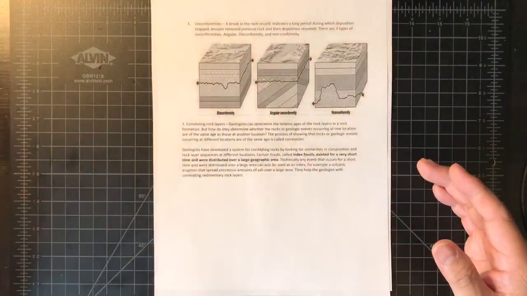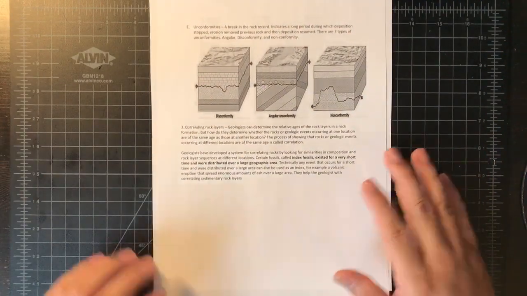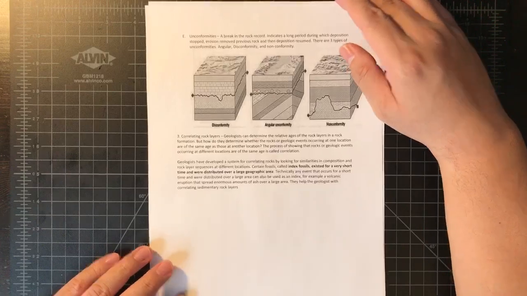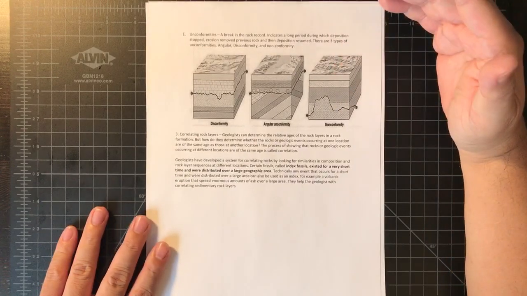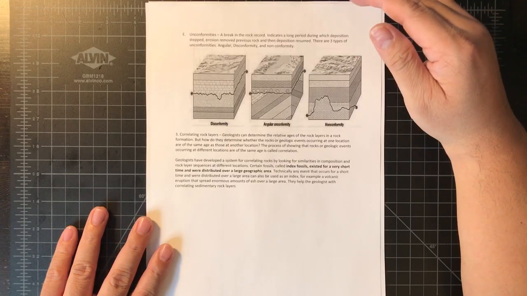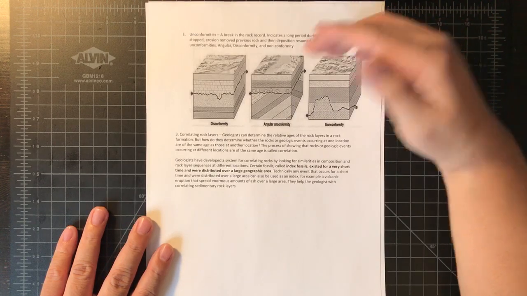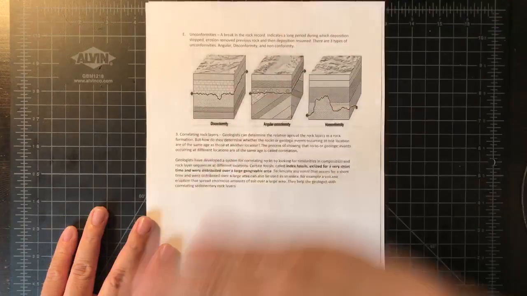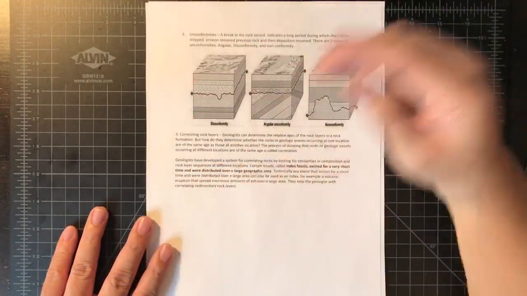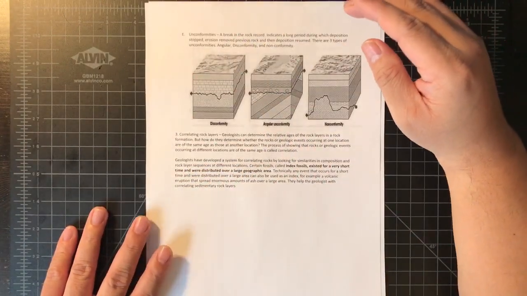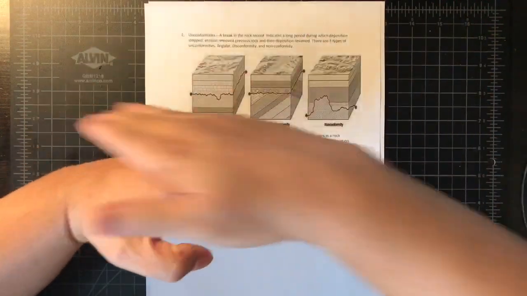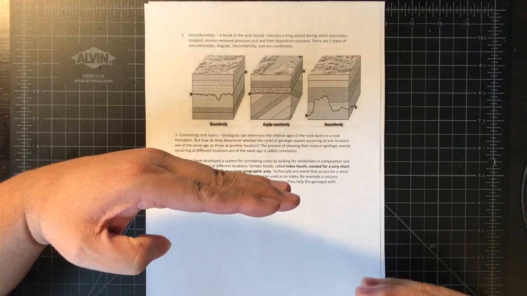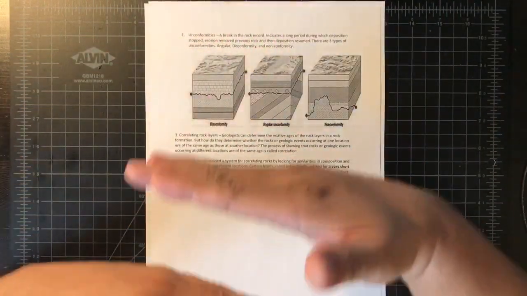All right, the next page over. Let's take a look at unconformities. Now, what is an unconformity? An unconformity is a break in a rock record. It indicates a long period in which deposition stopped, erosion removed rock layers, and deposition resumed. Which means that you have rock layers forming, rock layers removed, and then new rock layers form on top of that, creating an unconformity in between the two.